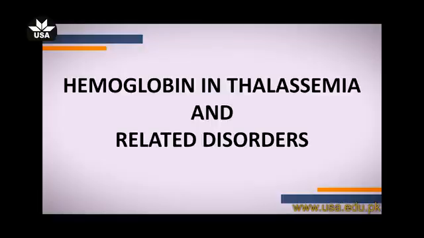Hemoglobin in thalassemia and related disorders. If we discuss thalassemia and related disorders from the point of view of hemoglobin, we come to know that in thalassemia, different types of abnormal hemoglobins are present. The polypeptide chains are decreased, and sometimes these chains are absent or abnormal also.